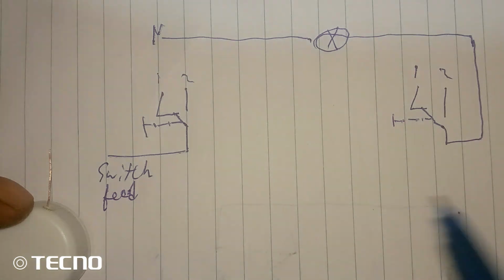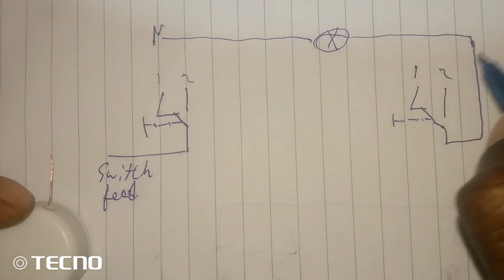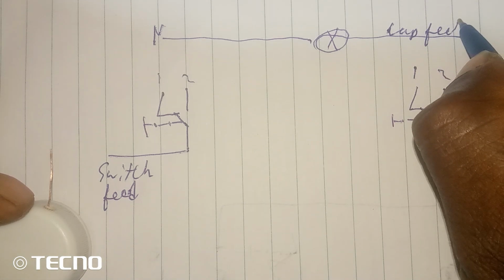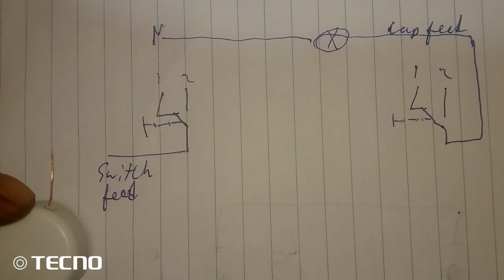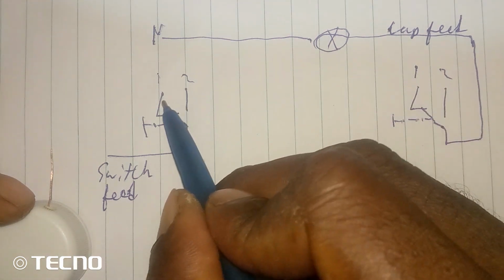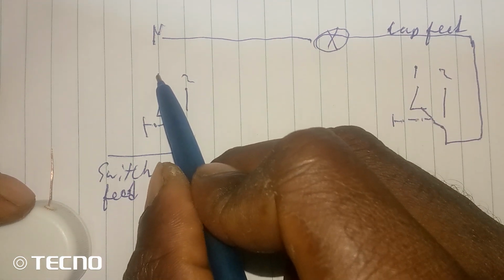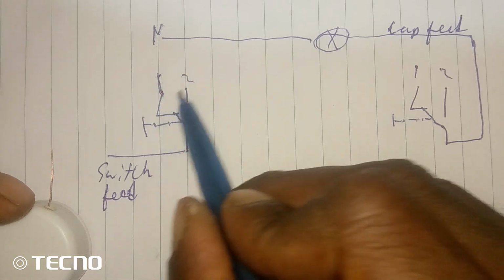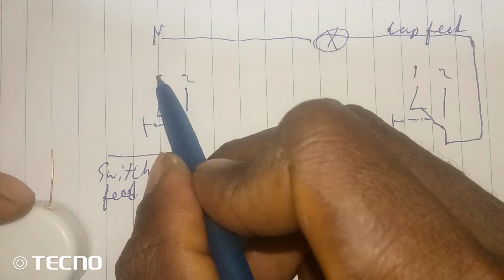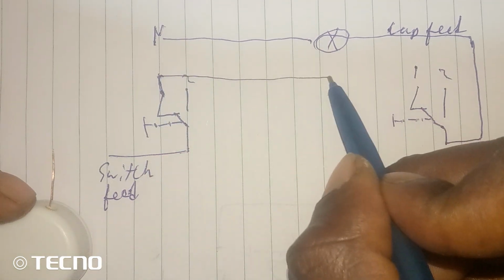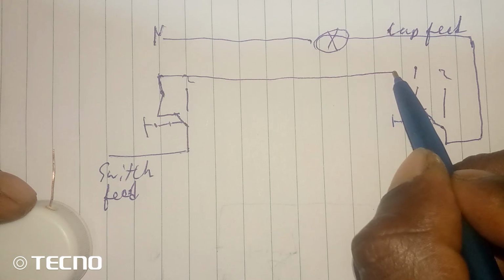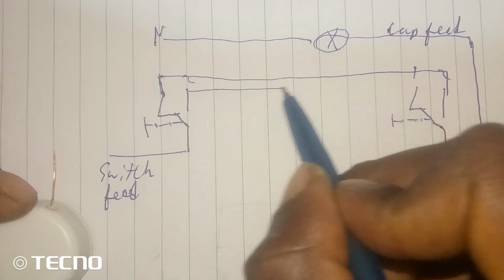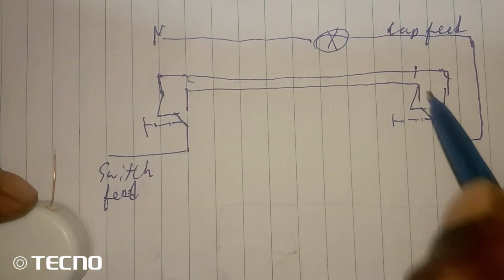This is the switch feed, and this is the lamp feed, and then we have a strapper here: 2 to 2, 1 to 2, then 1 to 1.